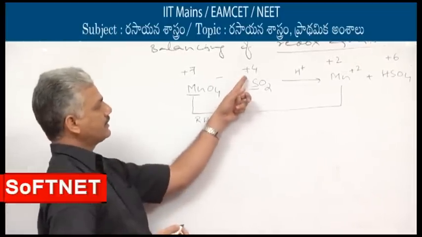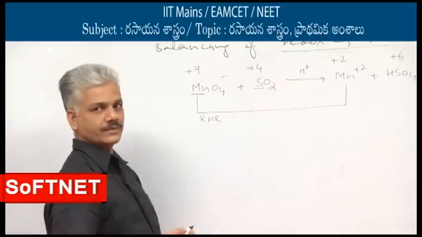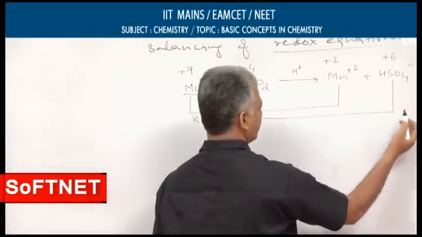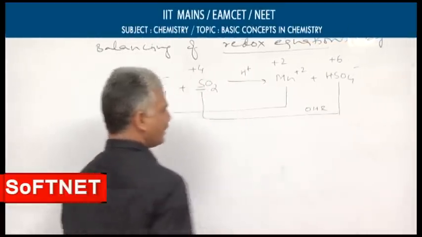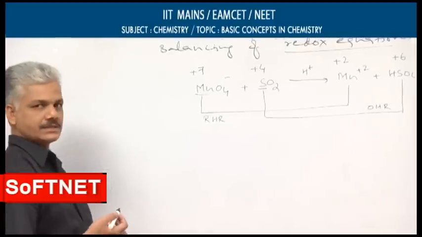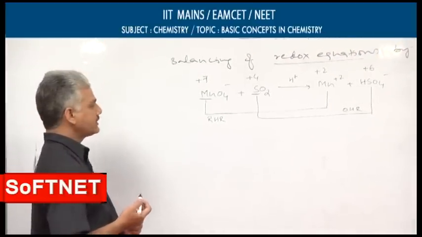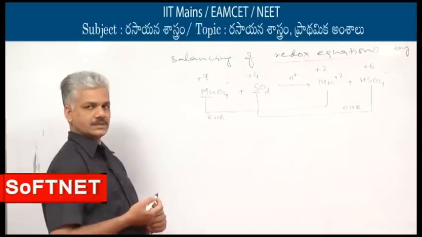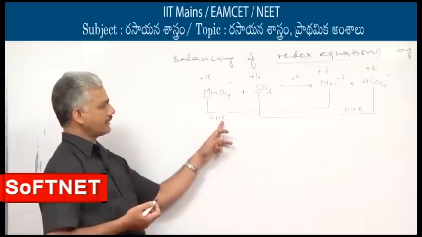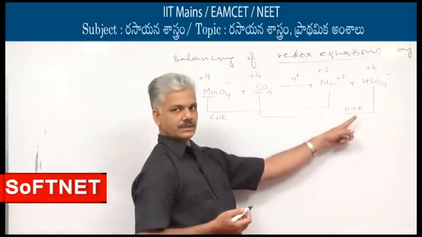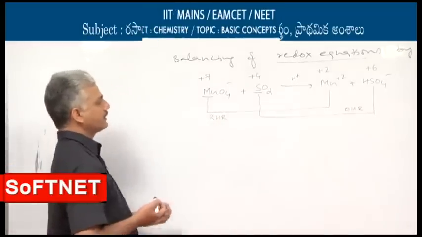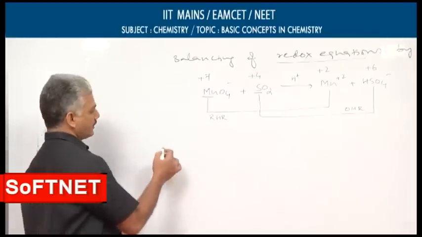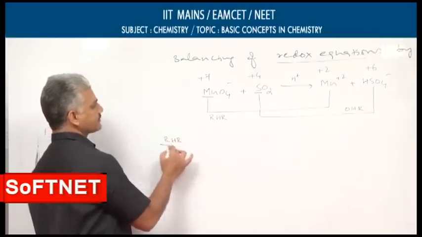Then for sulfur, the oxidation state is changing from +4 to +6. When there is an increase in oxidation state, that should be taken as an oxidation half reaction, commonly represented as OHR. Now, in this way, we have divided the given equation into two half reactions, namely reduction half reaction and oxidation half reaction. Now, we have to balance each half reaction in a separate manner. First, let us separate the reactions.